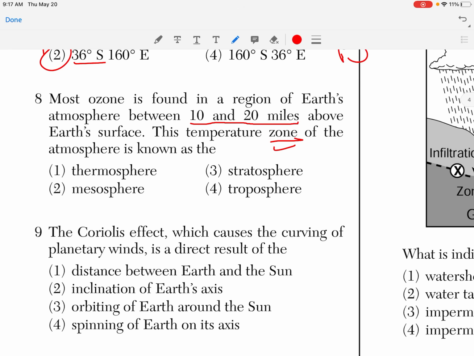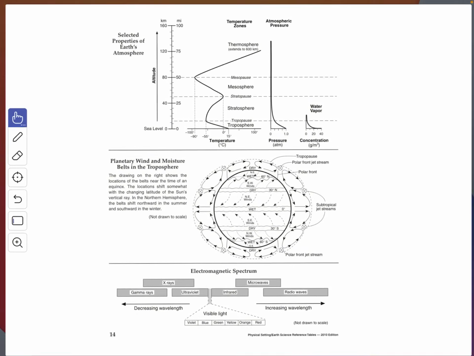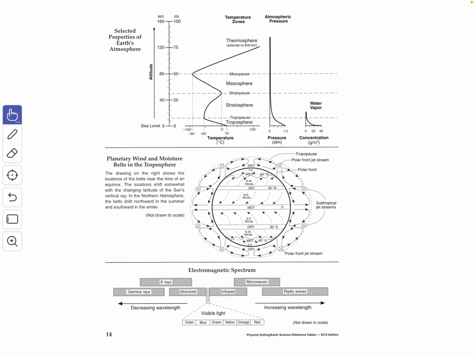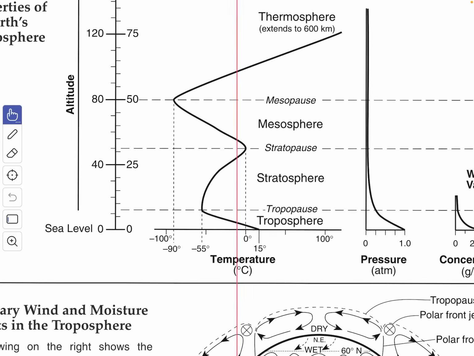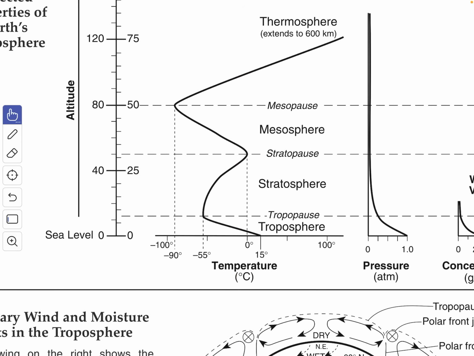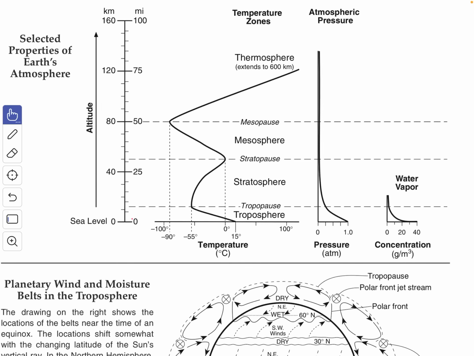If you look on your reference table, it's going to be on page 14. You can see right here the selected properties of the Earth's atmosphere. We're looking for an altitude of 10 to 20 miles above the Earth's surface. So here's 0. The right-hand side of the reference table is in miles, so this is our mile scale here.